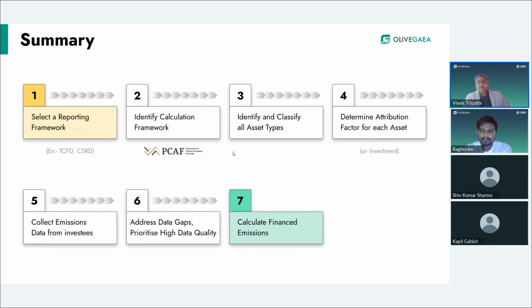So all 7 different categories of asset types, the bank needs to identify each and every asset type, identify the attribution factor for each asset or investment that they have made, and collect the emission data from the investee companies. That's definitely the first preference, where the bank would like to collect the direct emission data from the investee companies. If that's not available, look out for identifying the data gaps, prioritize the high data quality scores there, and then finally work out the overall financed emission. So that's how, in a nutshell, you start from identifying the framework and reach the financed emission calculation. Next one, please.